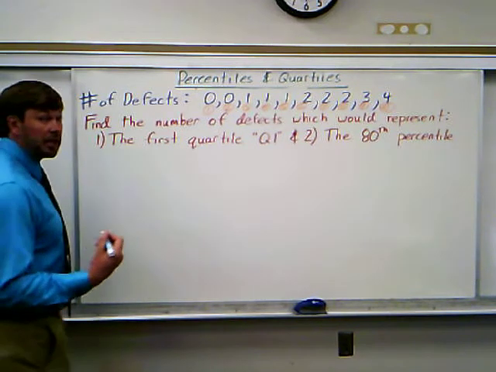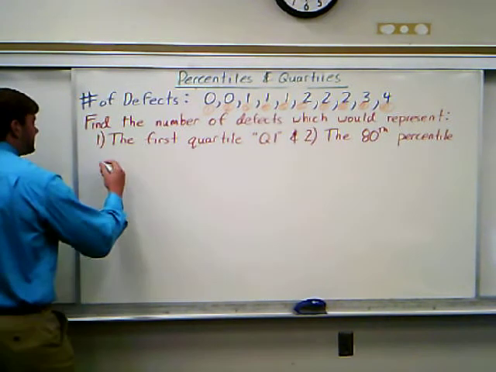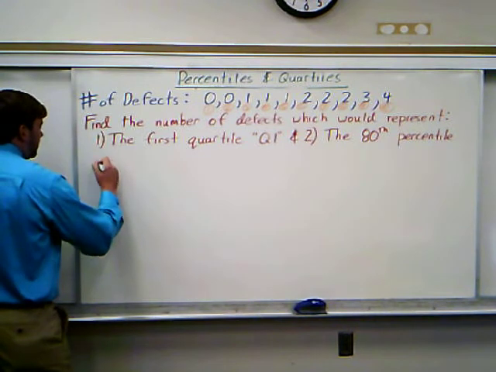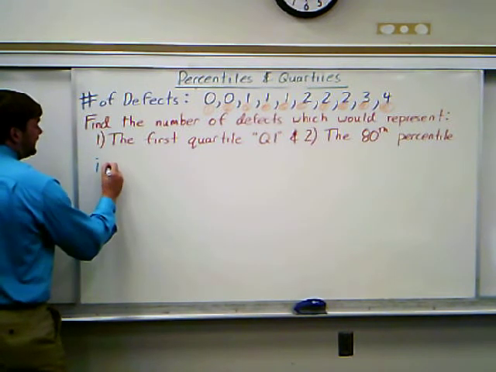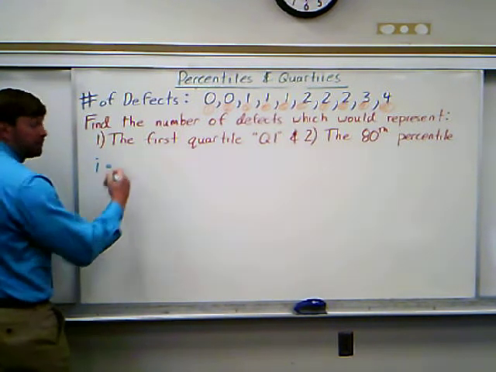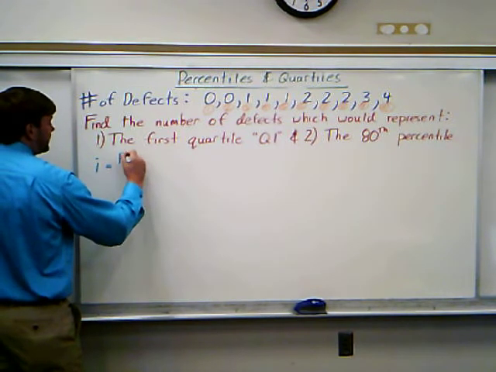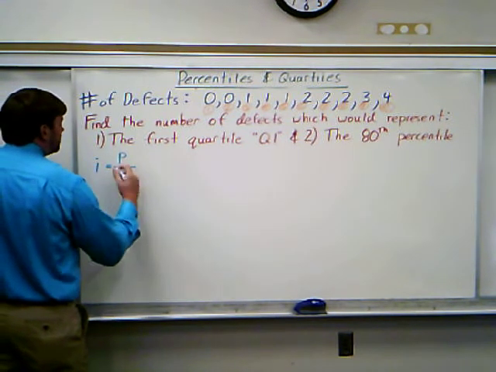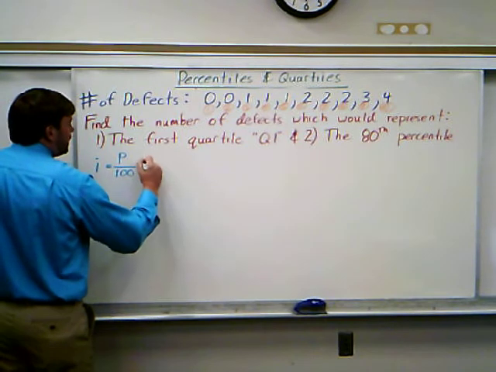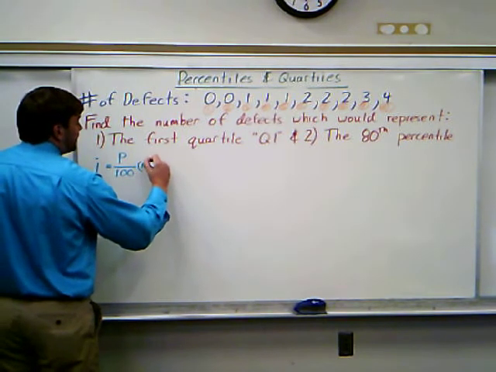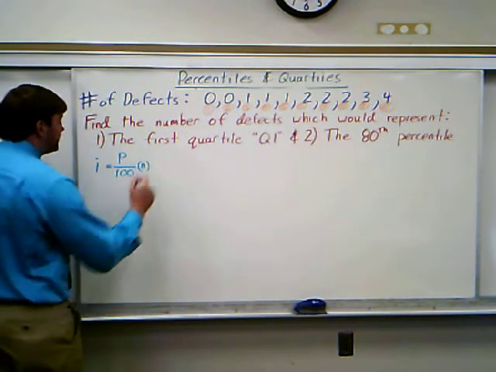First thing we want to do is calculate the value of the index. So the index I is equal to the percentile of interest, P, divided by 100, multiplied by the number of values that we have.